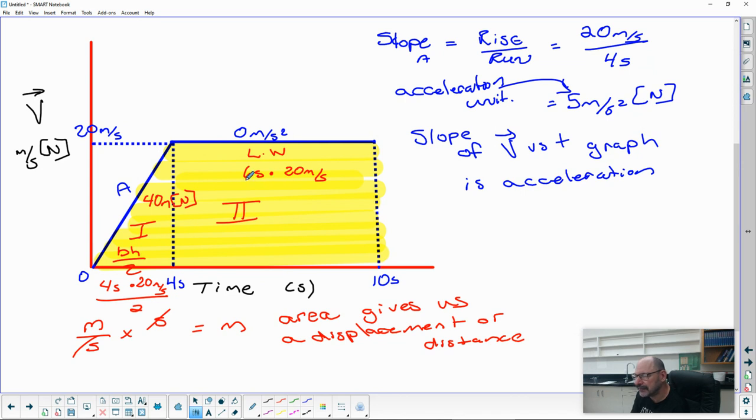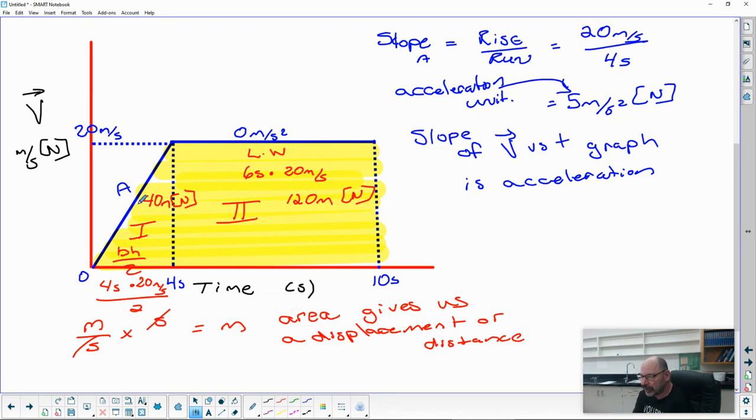So that's going to tell us that between 4 and 10 seconds, when this object was traveling 20 meters a second for that many seconds, you just multiply the two to get 120 meters forward, or to the north. So the total distance of this object would be 160 meters in the 10 seconds that it traveled. Okay.